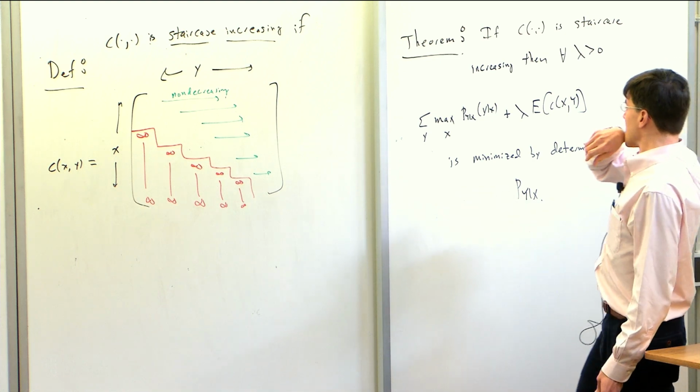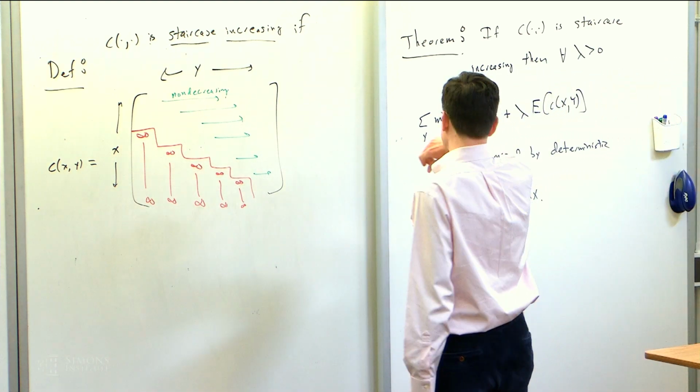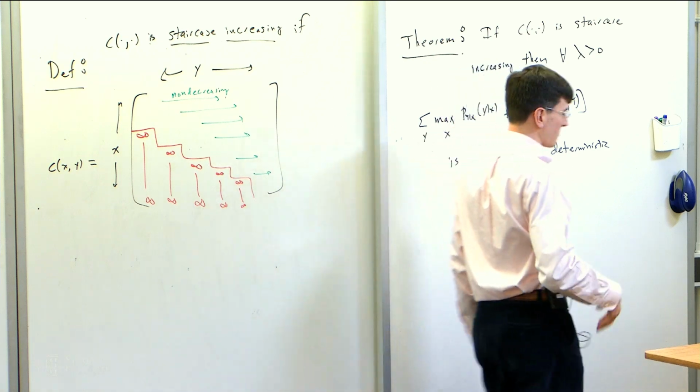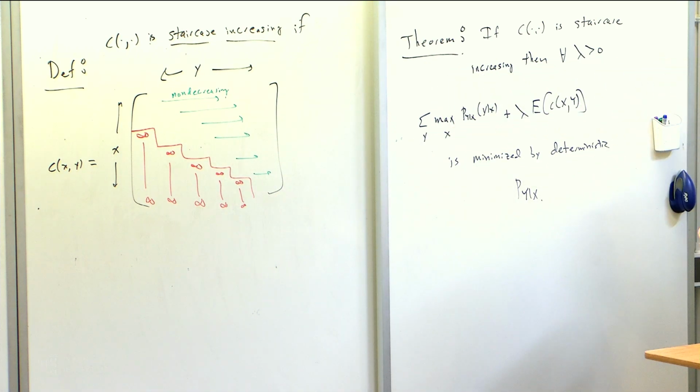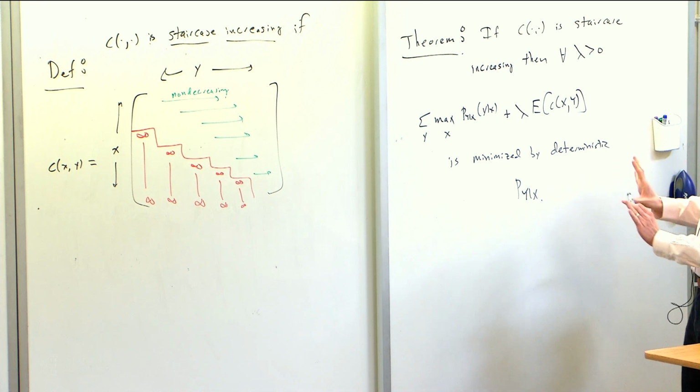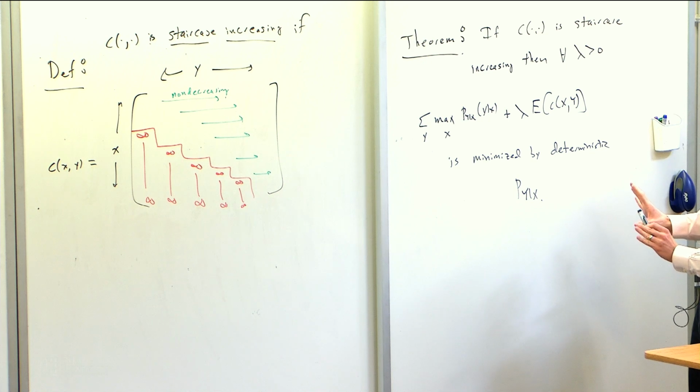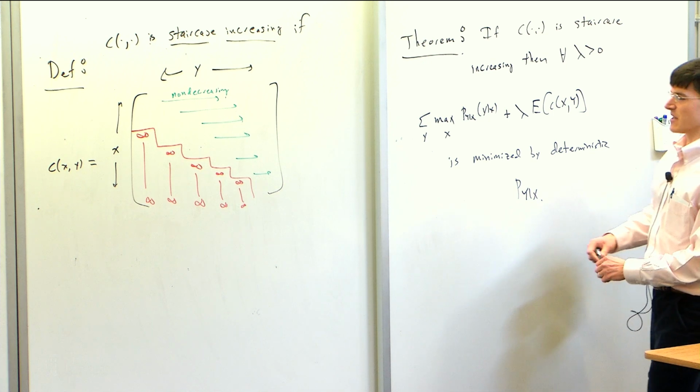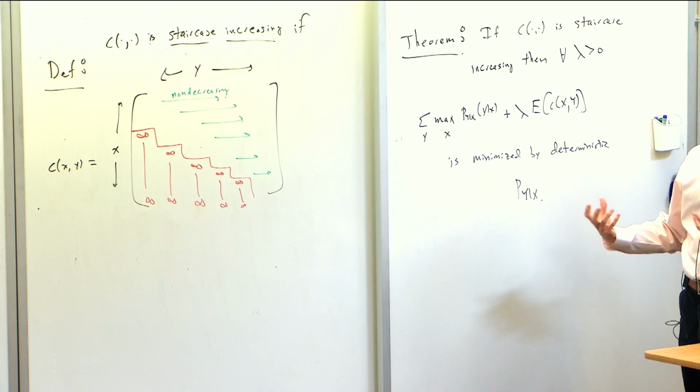I'm not going to go through the proof of this. First, let me just say a word about the implications. We're happy to have this because it implies various useful things for us. For one thing, what we have to store, the p(y|x) object, is really a 1D structure rather than a 2D structure.